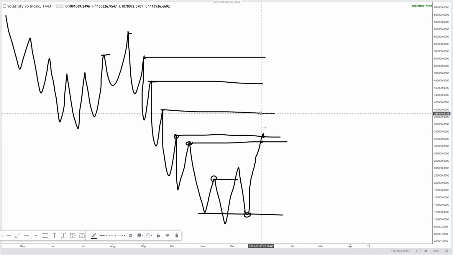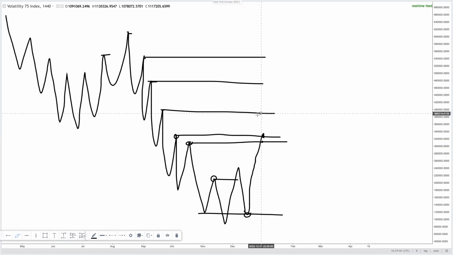By doing this, we might find that we are reducing the number of entries we are going to take, since we have very many entries right here. While we're waiting for price to give us a daily reversal candlestick, price might break these two structures.